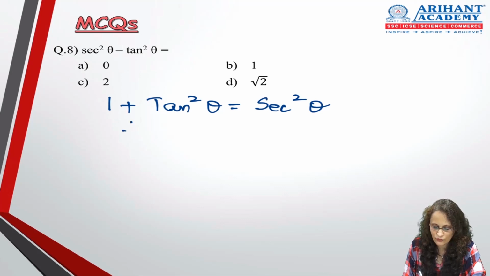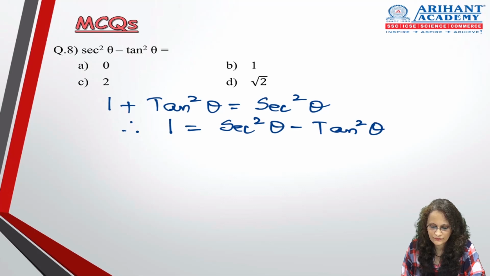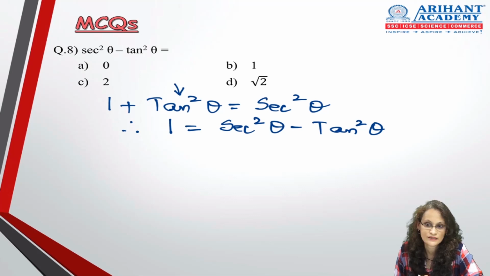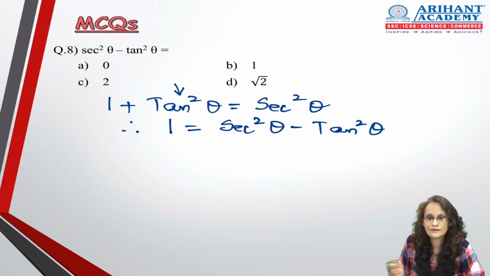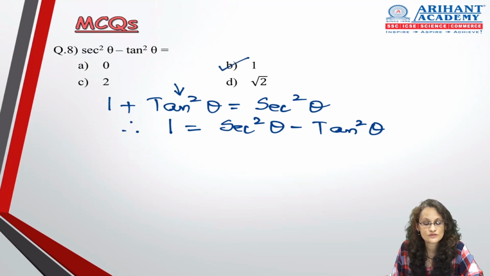So therefore, 1 will be nothing but sec square theta minus tan square theta, because this tan square theta I shifted to the right side, so it becomes minus. And you got your MCQ. So see, your answer is option B, because sec square theta minus tan square theta is equal to 1. Easy.